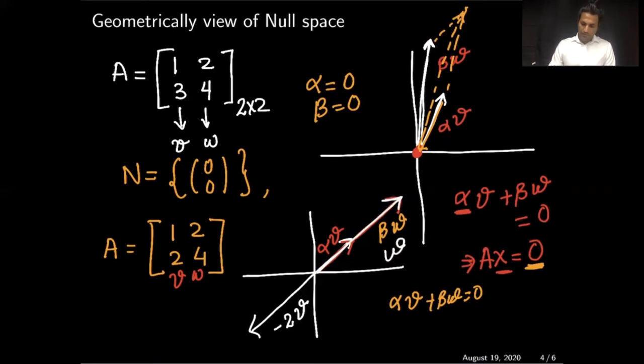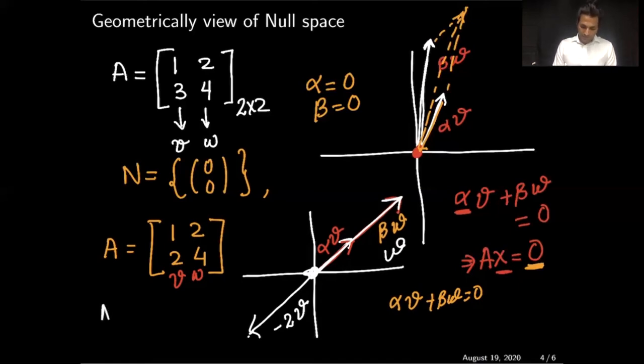Now if I add them, I get a 0 vector, because this vector is in the positive direction and this one is the same length in the negative direction. So if you take the parallelogram, the trivial parallelogram has a diagonal which is 0.